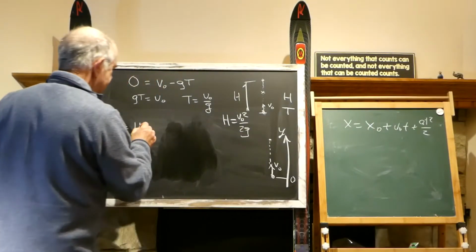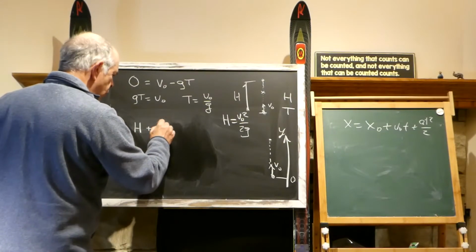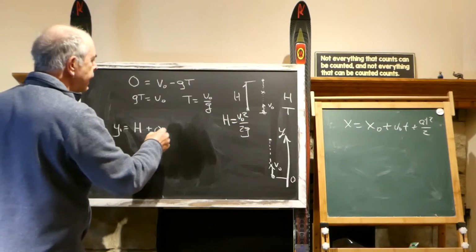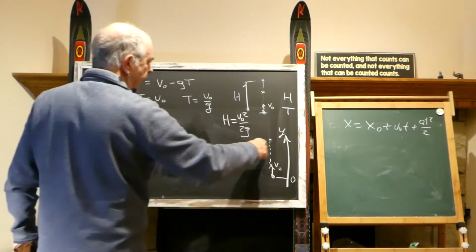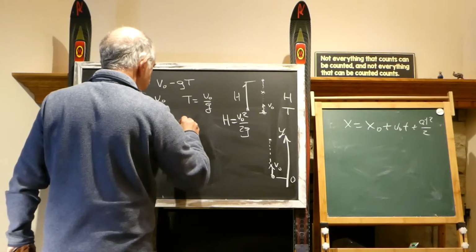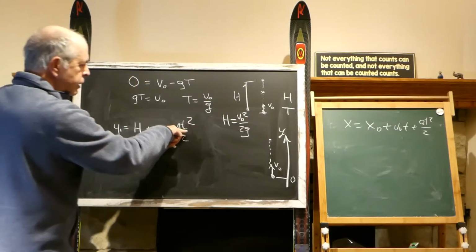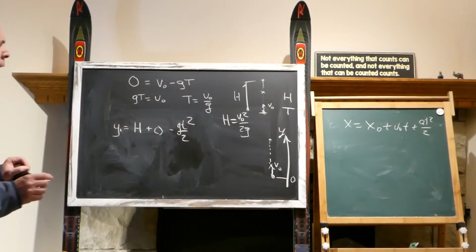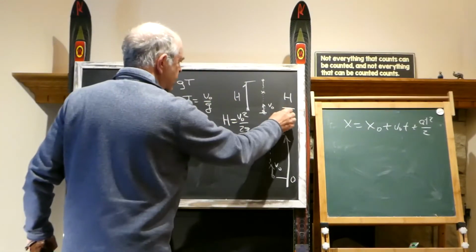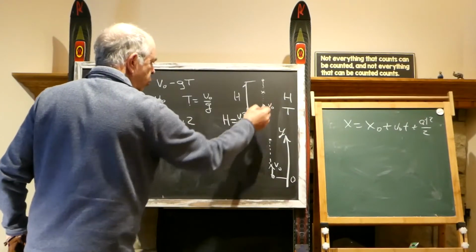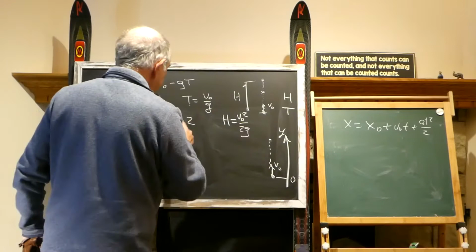For this body is h, speed is 0, because it's just hanging and starts to fall down freely. And acceleration this way, so it would be minus gt squared over 2. And notice I write t lowercase, because it's at any moment of time. This t is duration of flight from here to here, from here to here. But this t, at any moment, this is a formula.